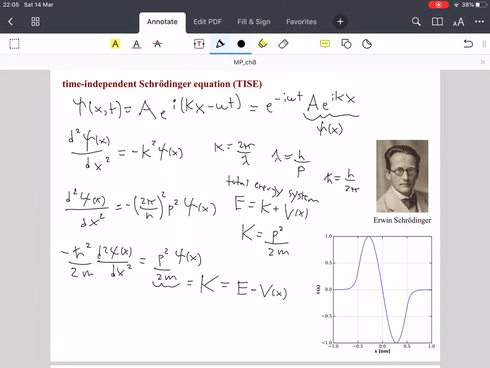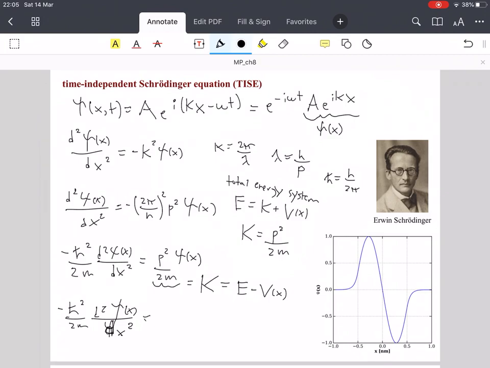All right, so finally writing this out, we have minus h bar squared over 2m times the second derivative of psi with respect to x. That's d squared dx squared.